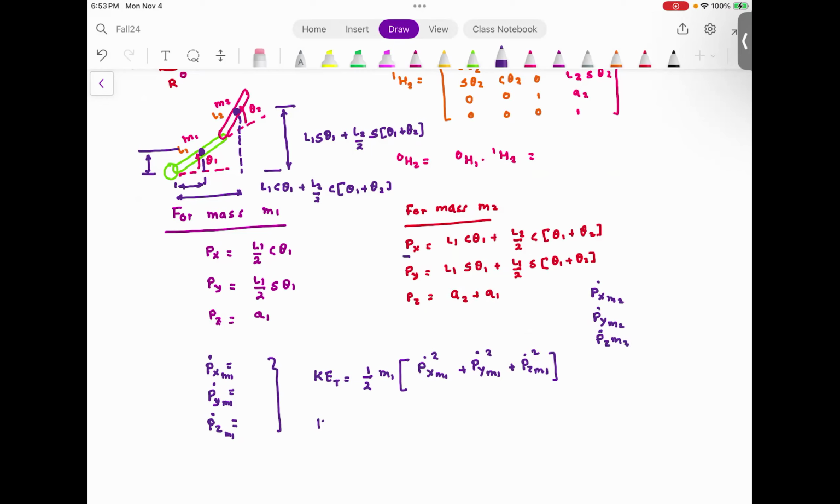And you can find out the kinetic energy of translation for the second mass, which is 1/2 M2 Px M2 dot square plus Py dot square M2 plus Pz dot square M2. So now you have the kinetic energy of translation for the first mass, kinetic energy of translation for the second mass. This is similar to the previous problem.